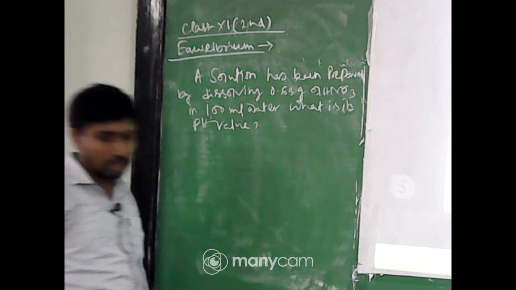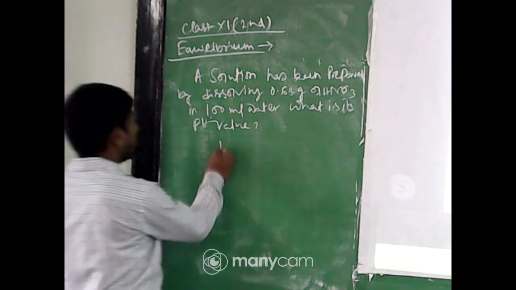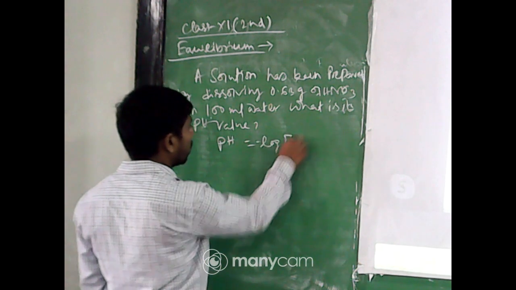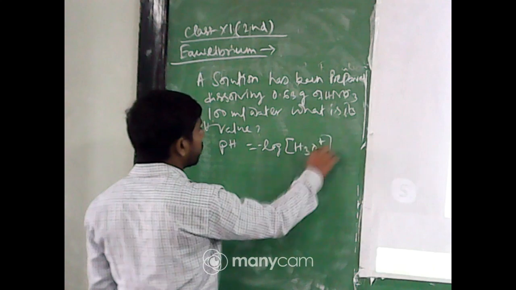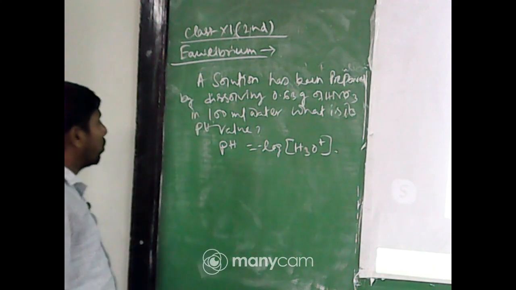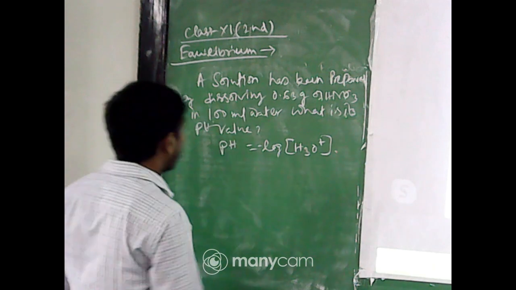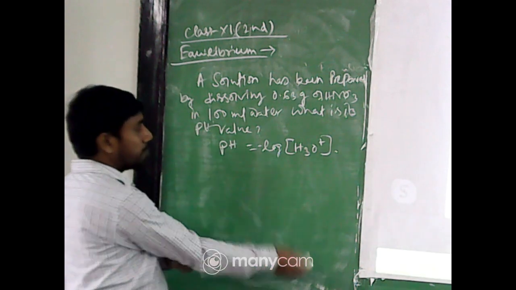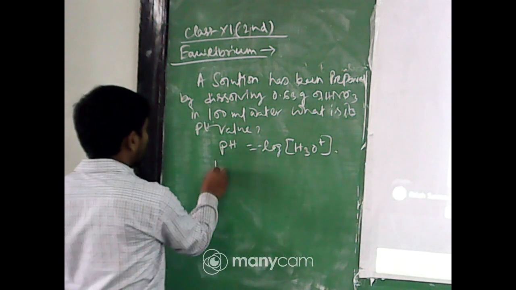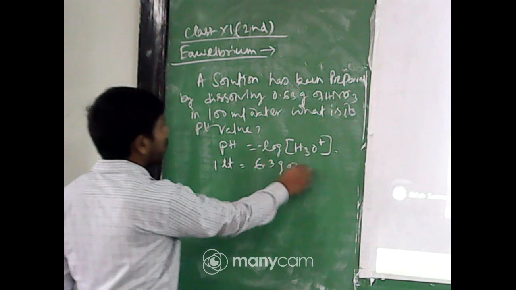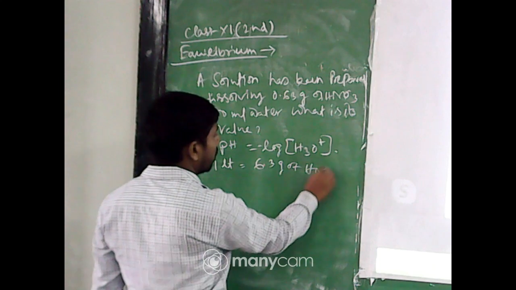We have to calculate the pH. We know pH equals negative logarithm of the concentration of H3O plus. Now 0.63 gram is dissolved in 100 ml, so in 1 liter, 6.3 gram of HNO3 is dissolved.